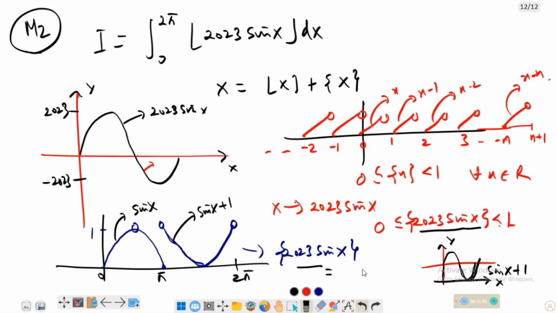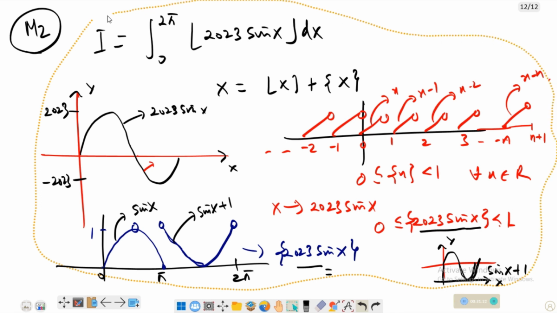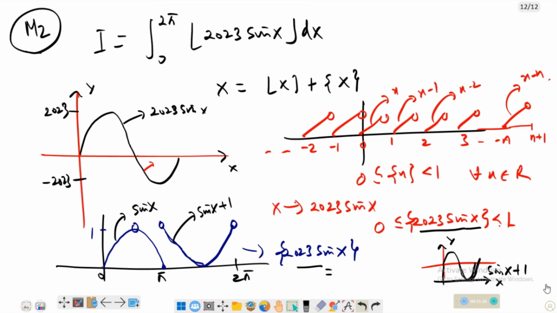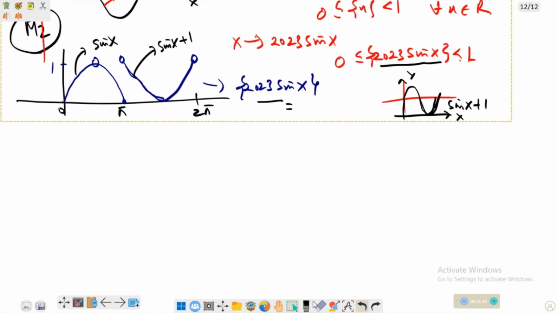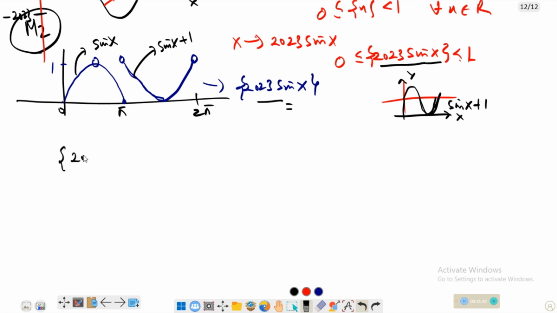So 2023 sin x is equivalent to sin x if x lies between 0 and pi, but x not equal to pi by 2.